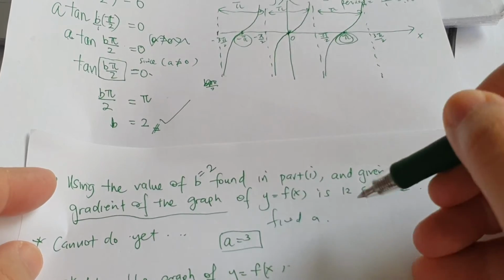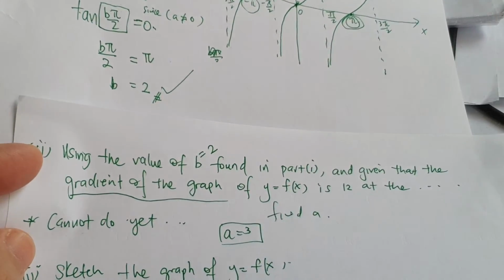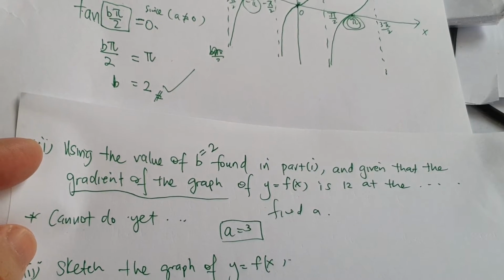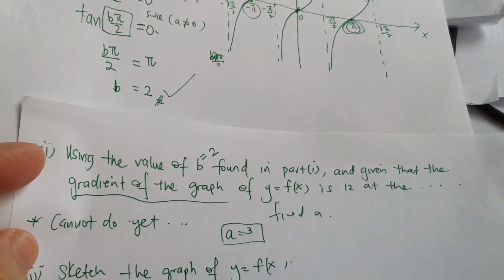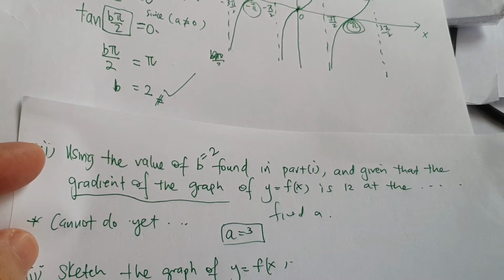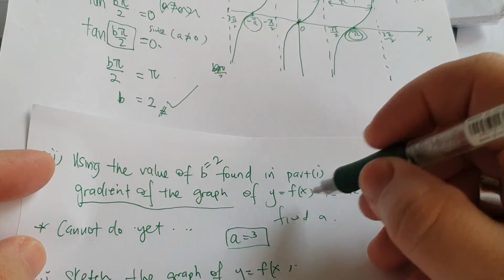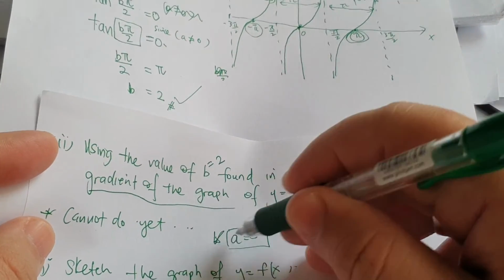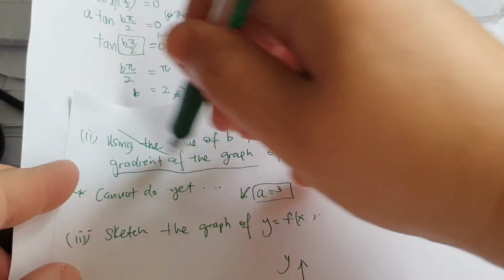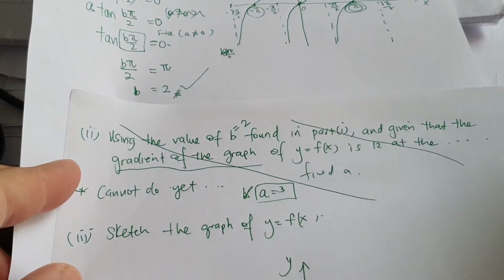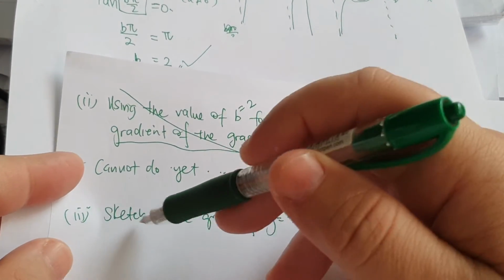Now you cannot do this yet because you will only be taught this topic next year by your teacher, sometime in April or March. So I'm telling you that the answer is 3. We're going to skip this part because you haven't learned it yet. It's not the Sec 3 syllabus. Now you are supposed to sketch this.